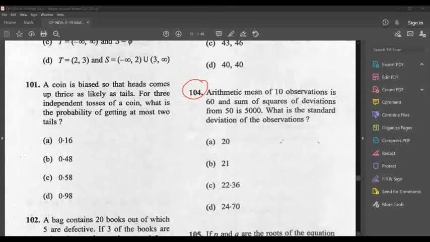Options: 20, 21, 22.36, 24.70. I want all of you to answer this and give me the answer. You can comment the answers. Please do.